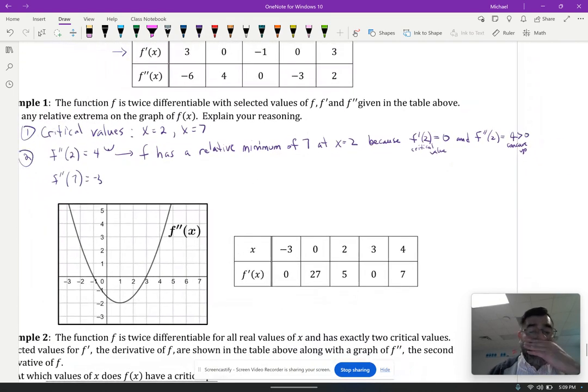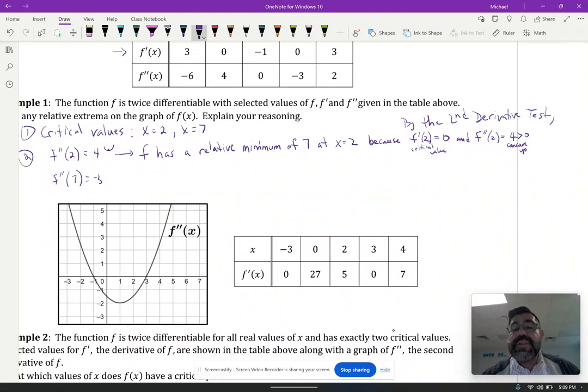So maybe I should say by the second derivative test, f prime of 2 is equal to 0, and f double prime of 2 is equal to 4, which is greater than 0. Let's write it that way.